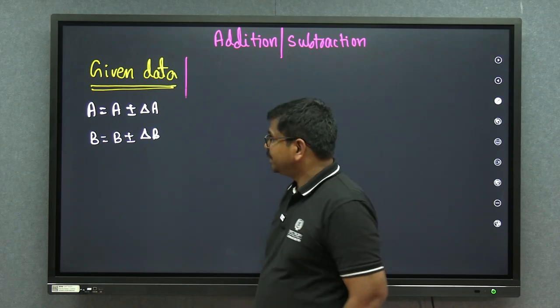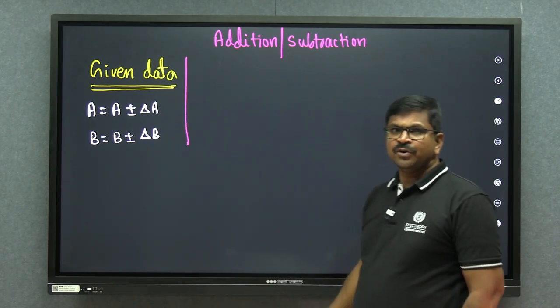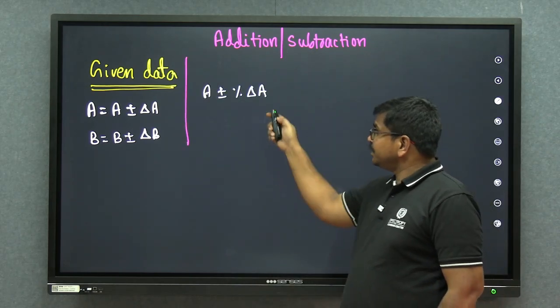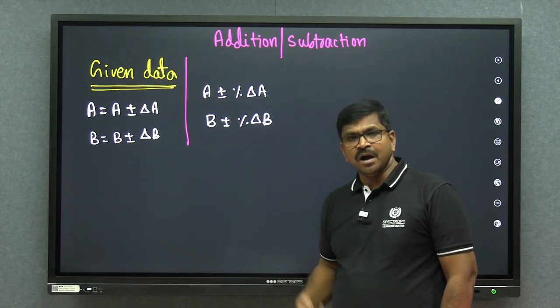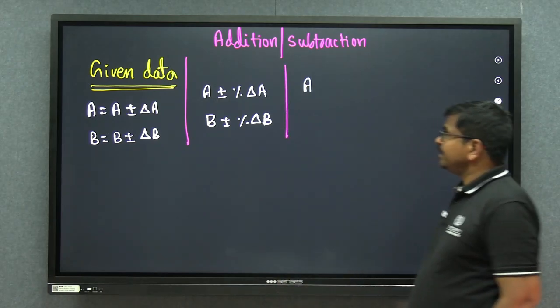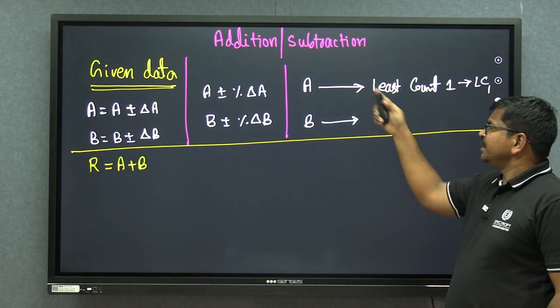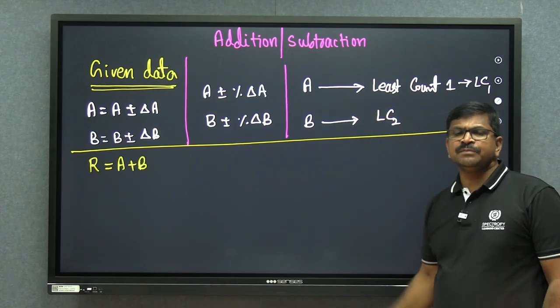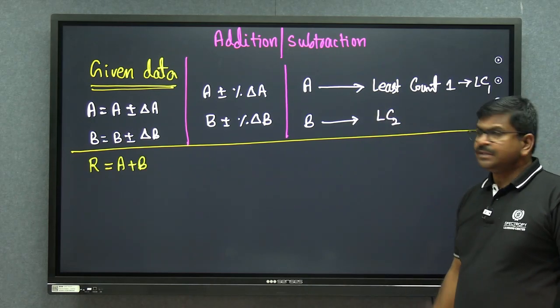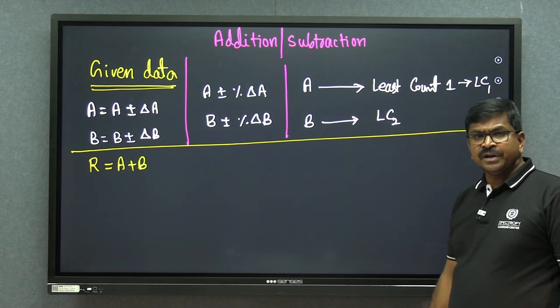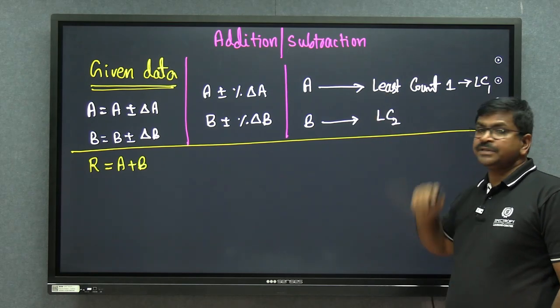Or sometimes the numerical may be given in terms of percentage errors, or in terms of the least count of the instrument. They may mention that this length is measured with a screw gauge, this with vernier calipers, this with a millimeter or centimeter calibrated scale.